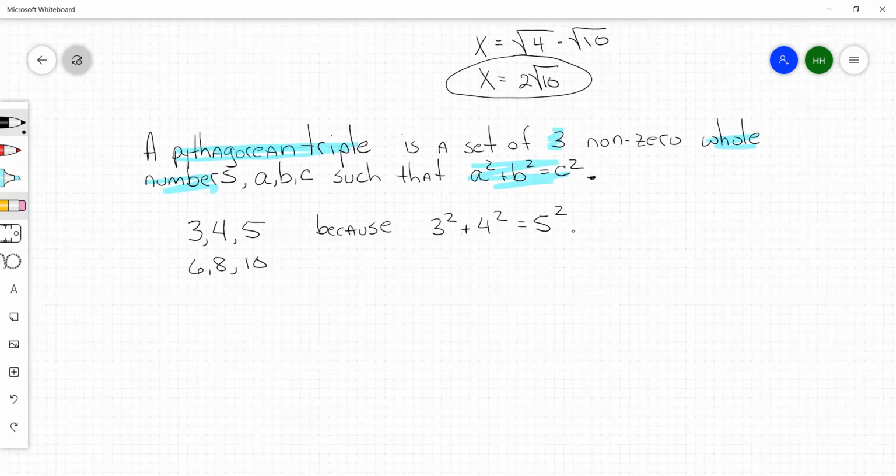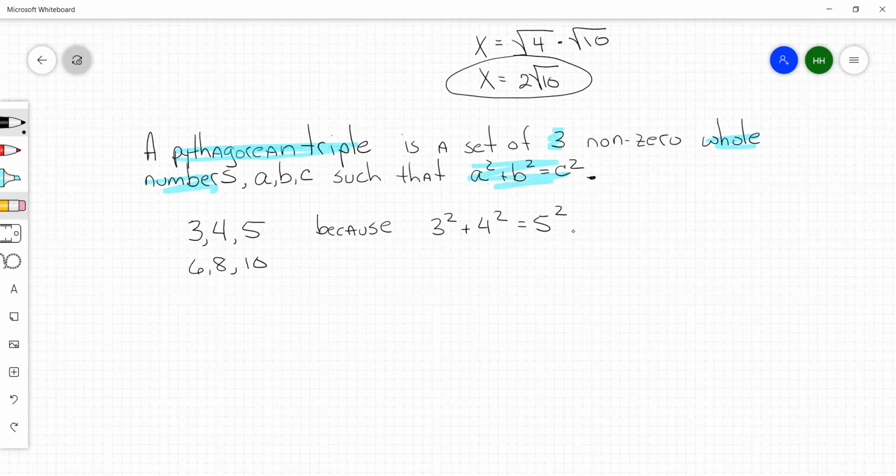All right, 10, 24, 26. There's a long list of them. But the only thing you need to know about Pythagorean triples for your quiz is that it's 3 non-zero whole numbers such that a squared plus b squared equals c squared.